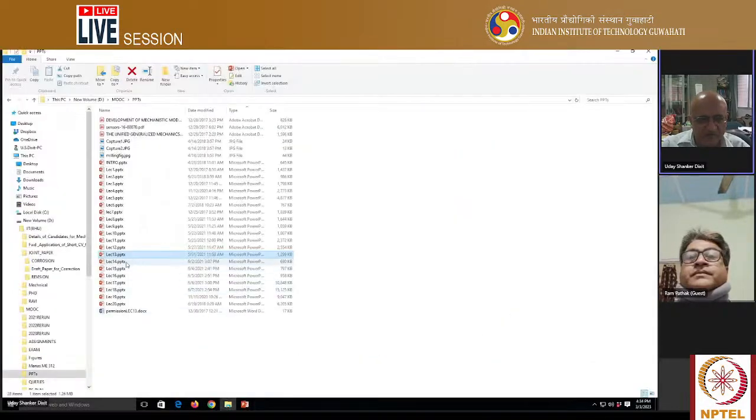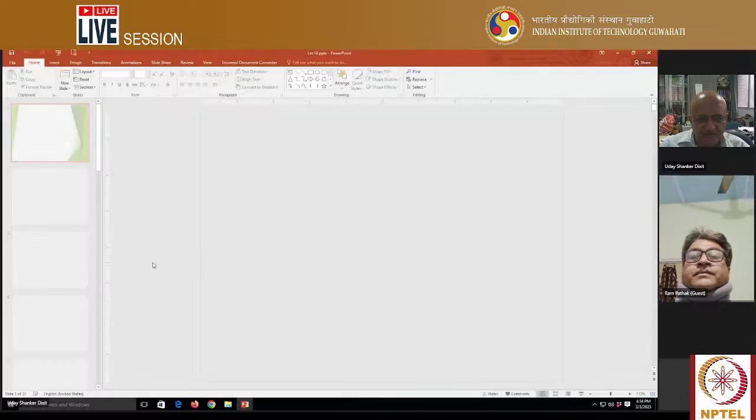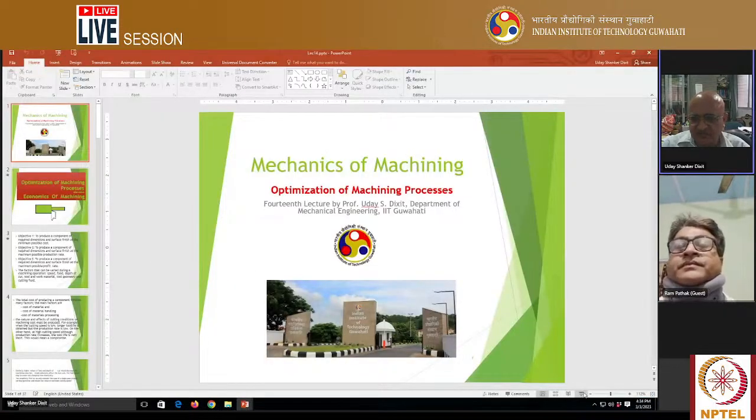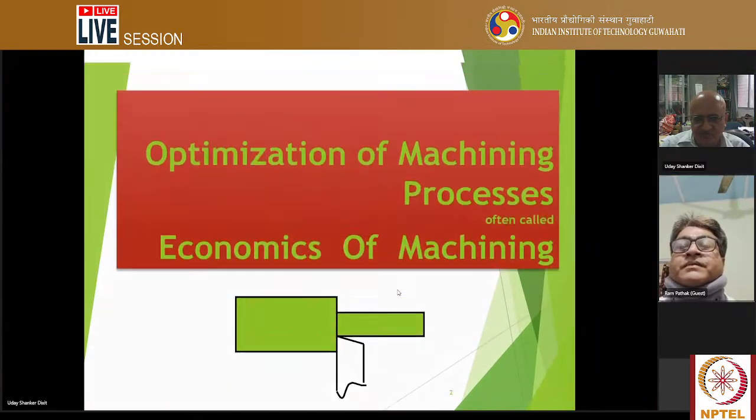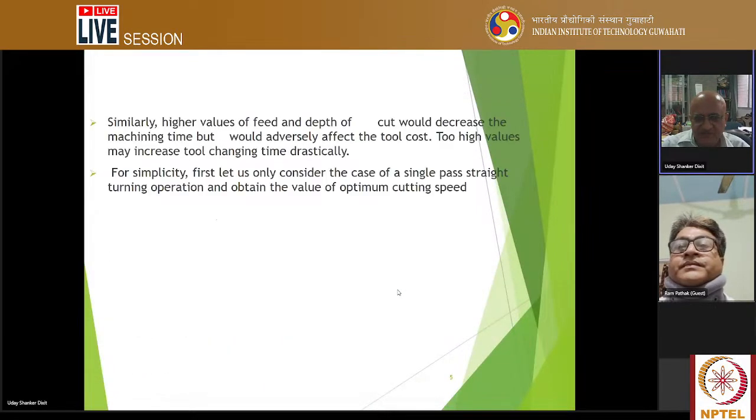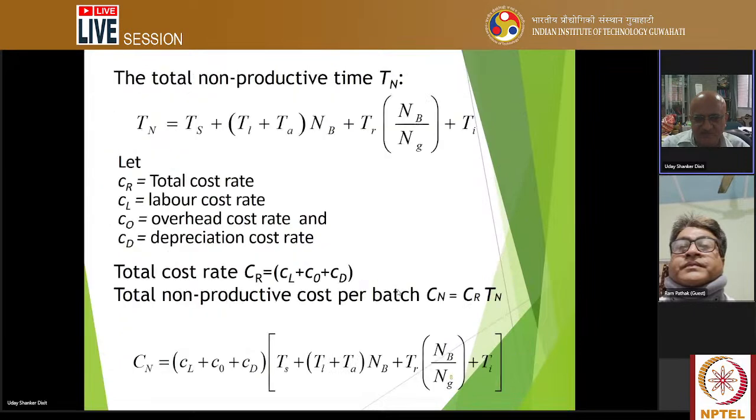And now lecture 14, which is optimization. Optimization is also one area which is very saturated.